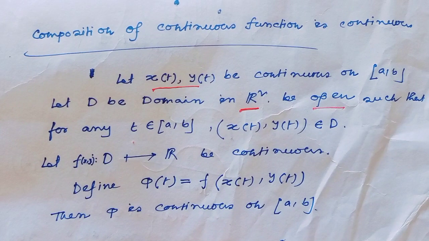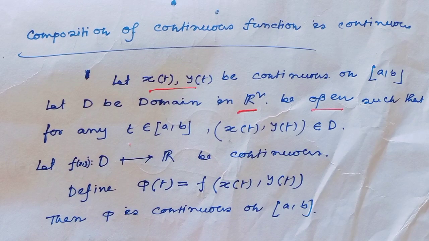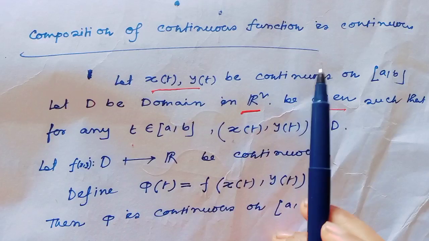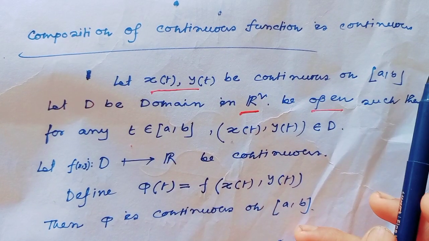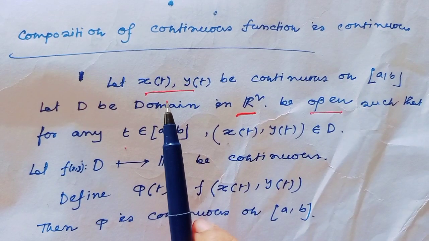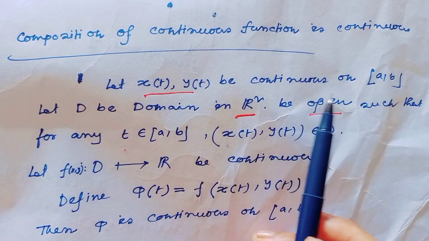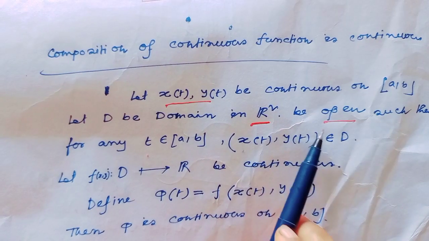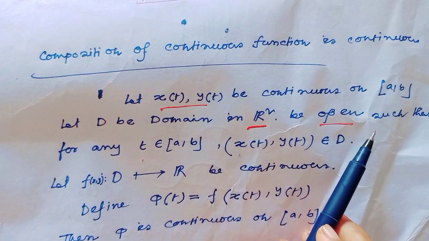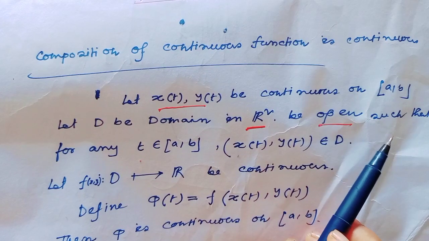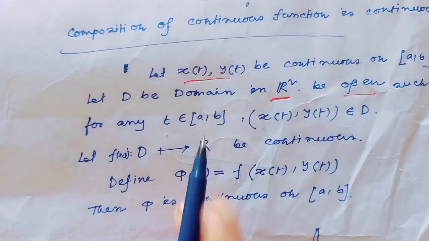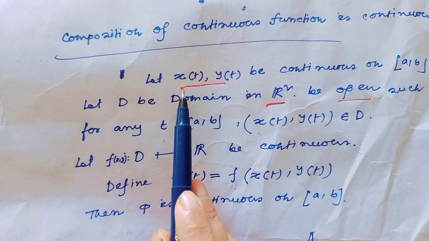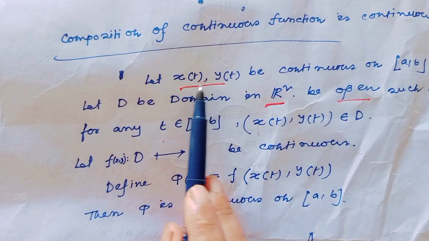To define the intermediate value theorem in functions of several variables, at first I will say the composition of continuous functions is continuous. For this, let x(t), y(t) be continuous on the closed interval [A, B], and let D be a domain in R2 which is an open set, such that for any t belonging to [A, B], consider the point (x(t), y(t)).